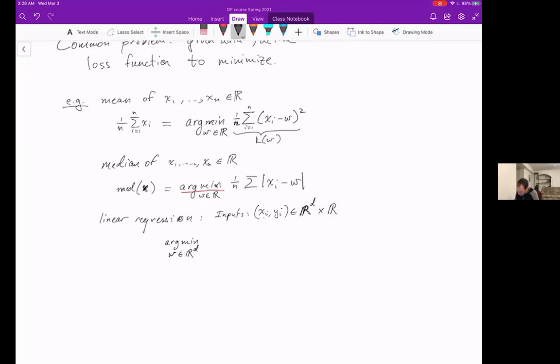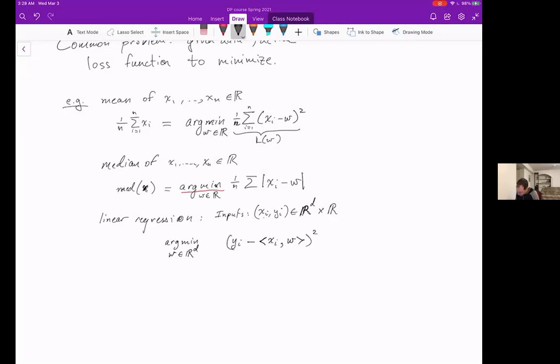And the loss function looks like this. I want to see if the yi's are well approximated by the inner product of xi and w. So I want to find a w such that the inner product of w with the xi's approximates each of the yi's as well as possible.